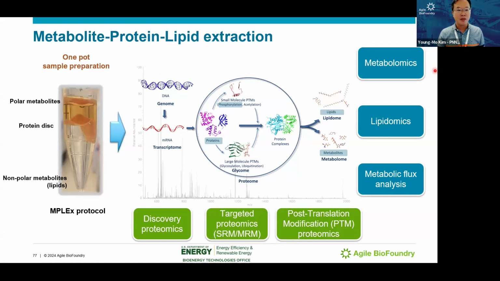From our previous collaborations with many different industry partners and other national labs, we typically measure about 3,000 proteins from bacterial systems, and from fungal systems we were able to detect more proteins, about 4,000 or even 5,000. That's for discovery-type measurements.